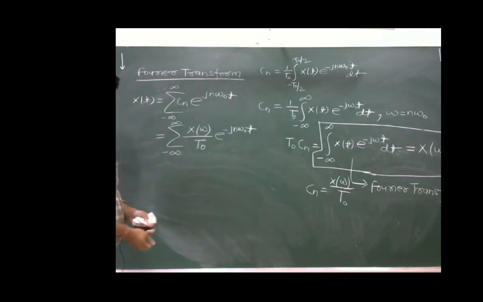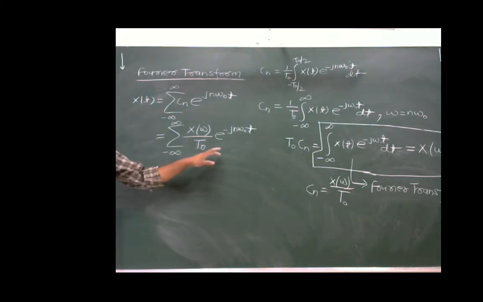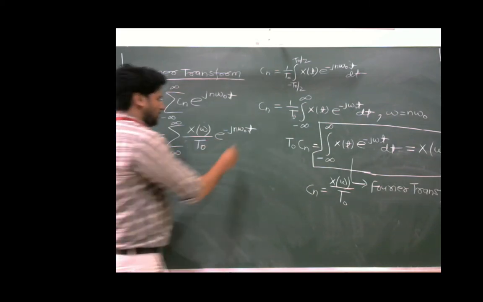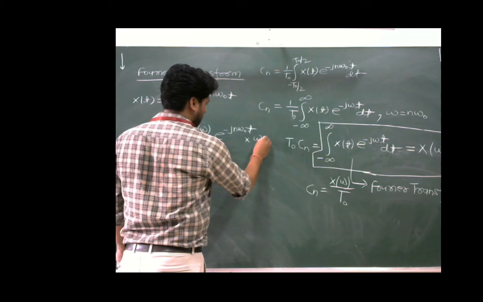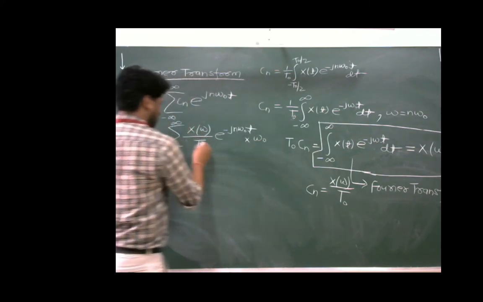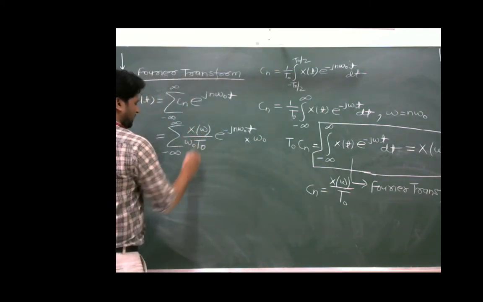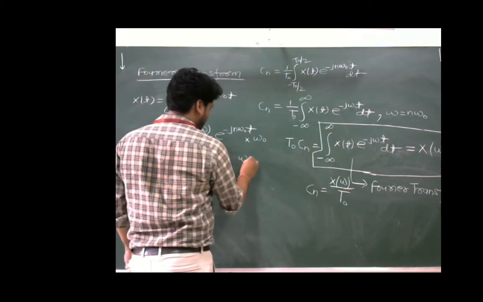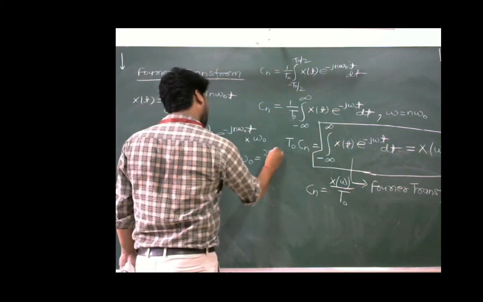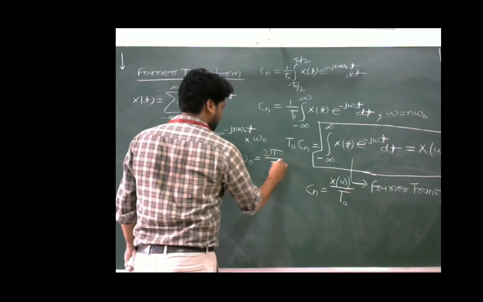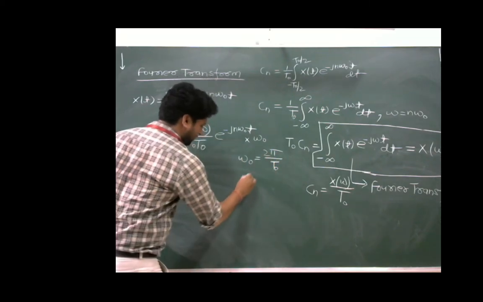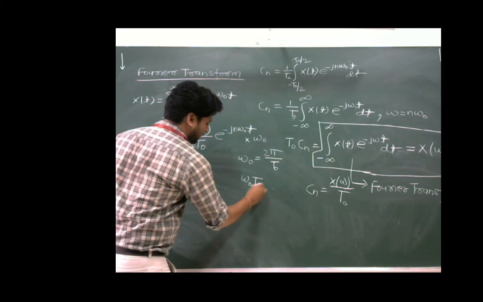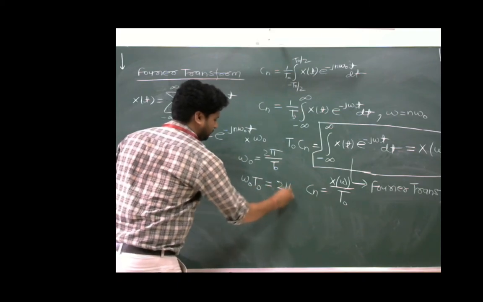Now multiply and divide in this equation by omega naught. We know that omega naught is equal to 2 pi by t naught, then this omega naught into t naught will become equal to 2 pi.